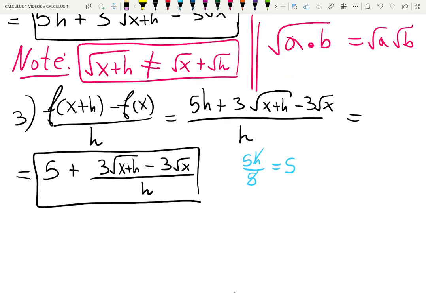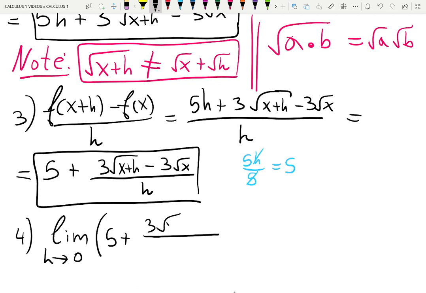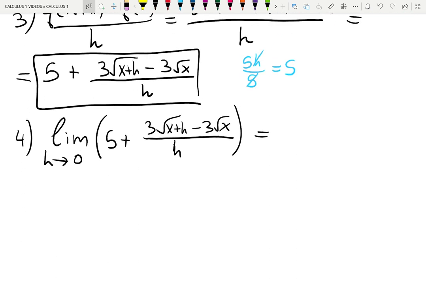So the last step is to calculate the limit. What kind of limit? H is the variable in this limit, not x. 5 plus 3 square root of x plus h minus 3 square root of x over h. Well, we have two limits here.